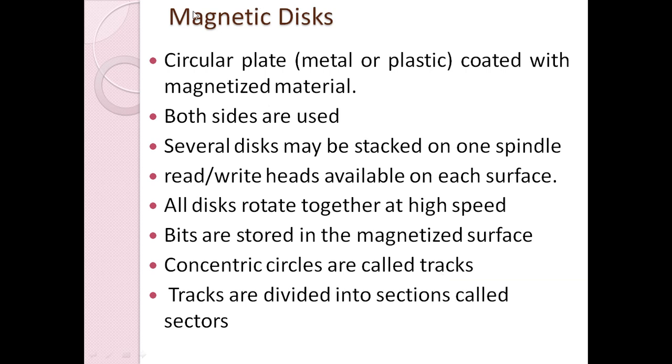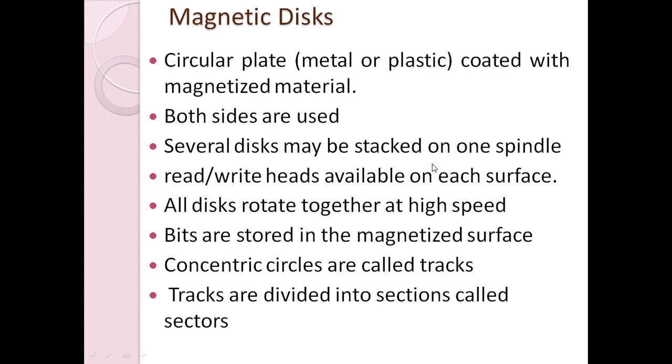So let us talk about magnetic disks. The disks are made of circular plates of metal or plastic, and these are coated with magnetized material. Both sides of the magnetic disk or the circular plate are used. Several discs may be stacked on a spindle.